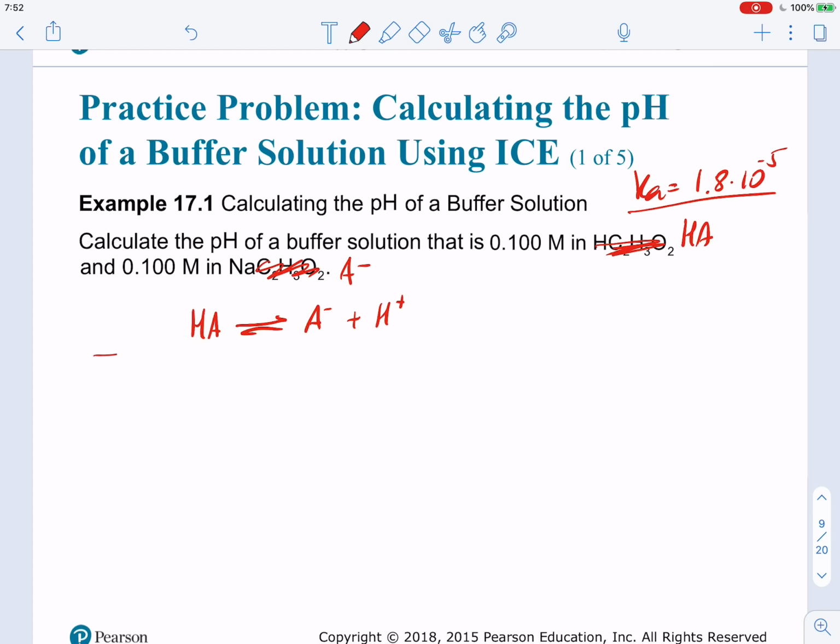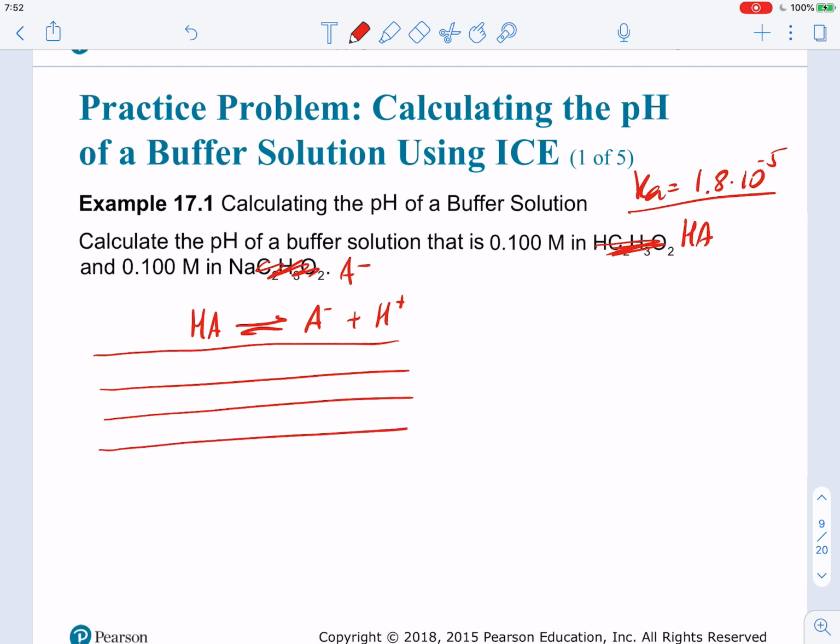And guess what? You didn't see that coming, did you? The ICE table. Okay, what is the initial condition? The initial condition is that you have 0.1 molar of the acid and you have 0.1 molar of the conjugate base, and we are assuming there is nothing at the beginning.